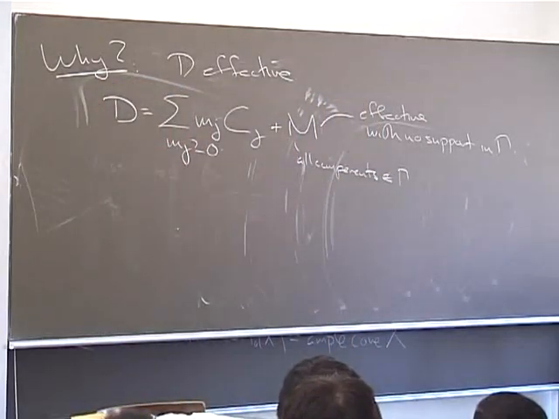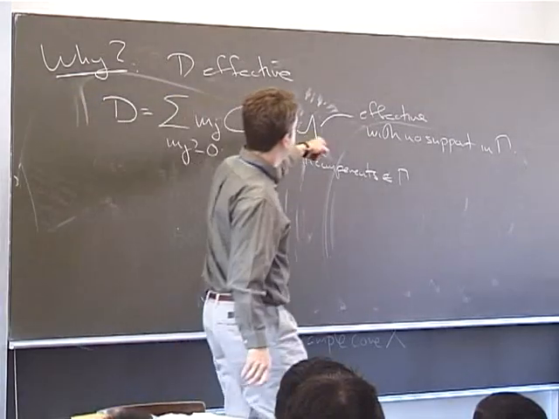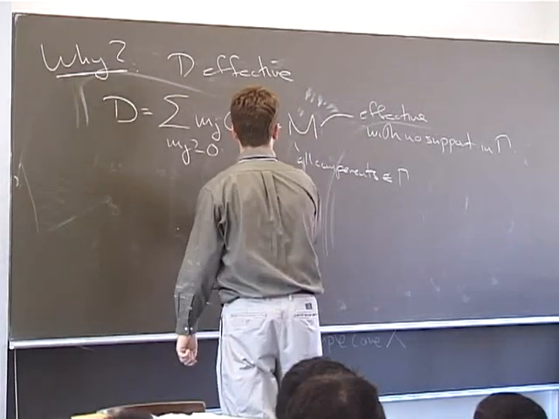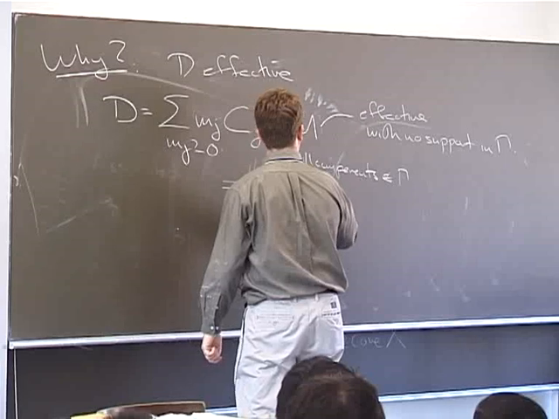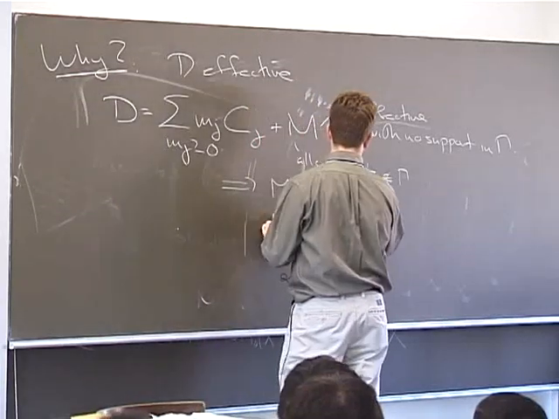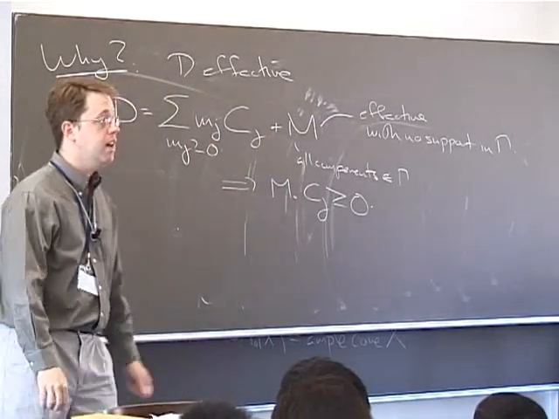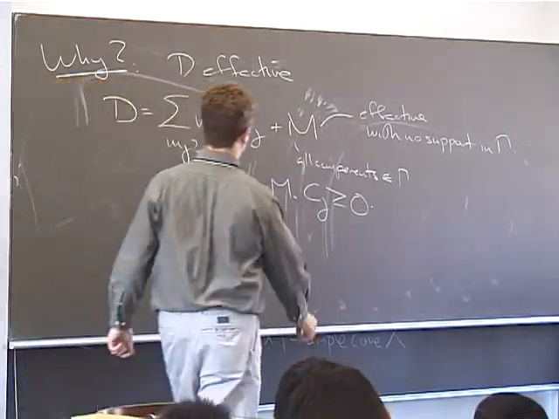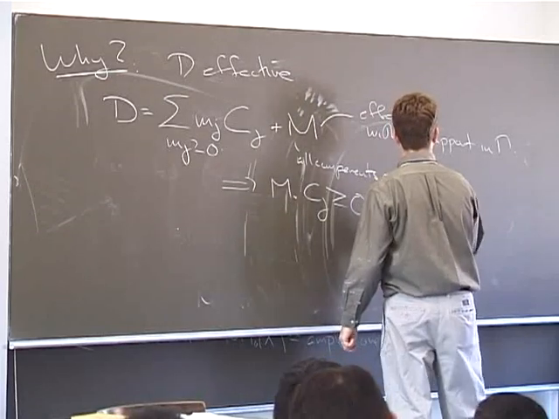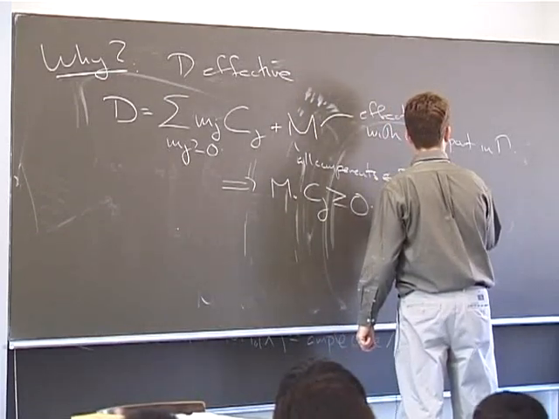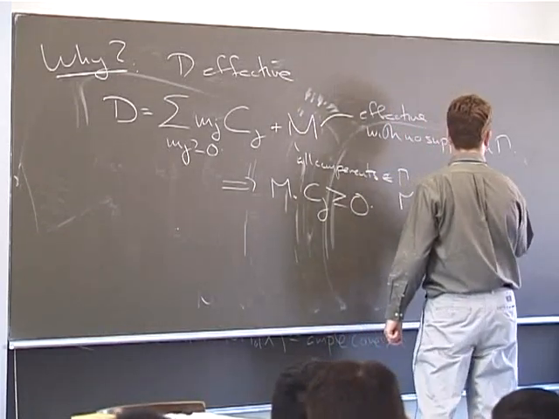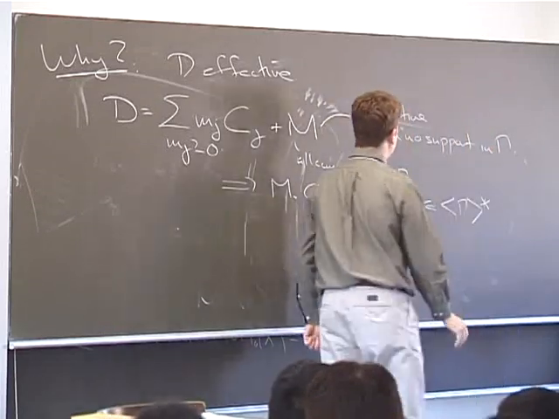The one thing that we know is if we have a divisor which has no support in gamma, it follows that when I take m and I intersect it with these Cj, we get something that's non-negative. Another way of saying this is that m is contained in the dual to gamma.